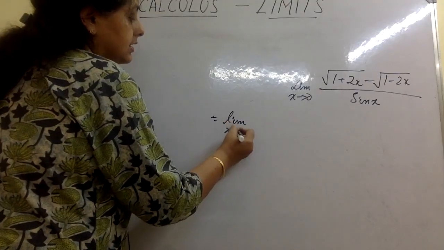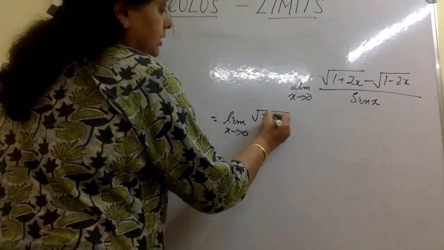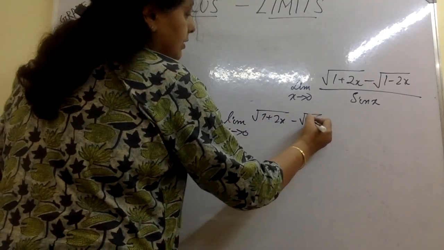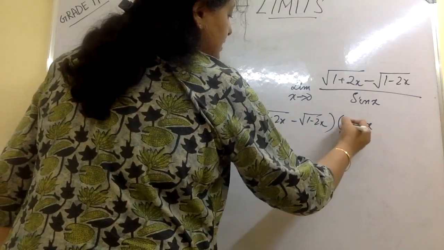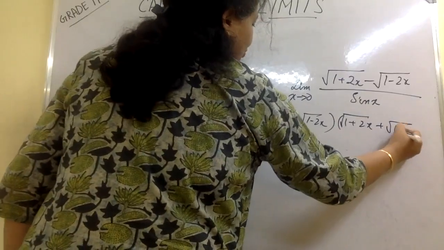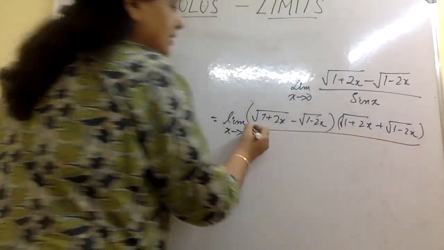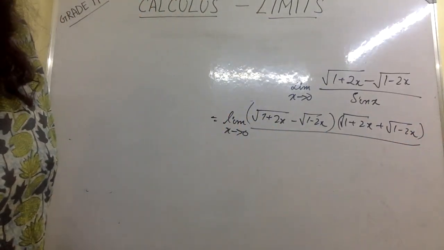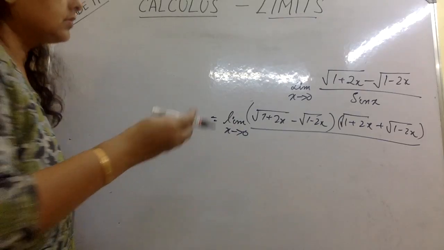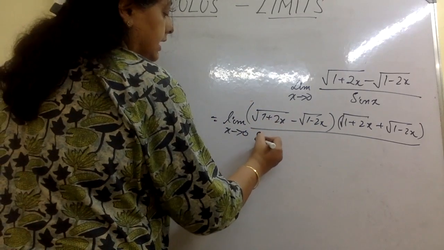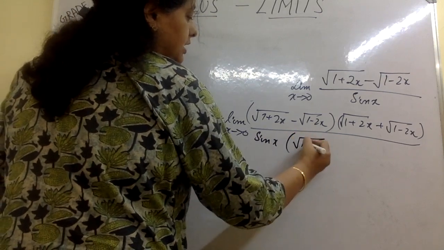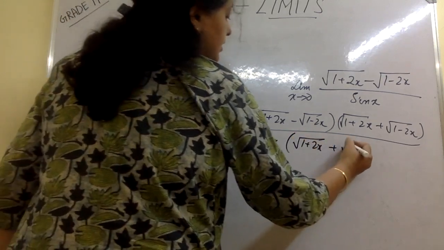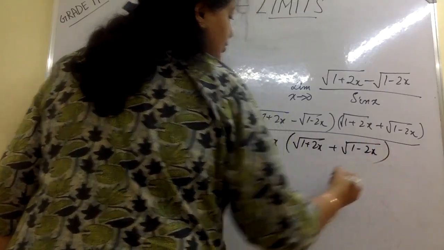Limit x tends to 0, 1 plus 2x minus 1 minus 2x, and 1 plus 2x plus 1 minus 2x. Okay, and sin x, and 1 plus 2x plus 1 minus 2x.